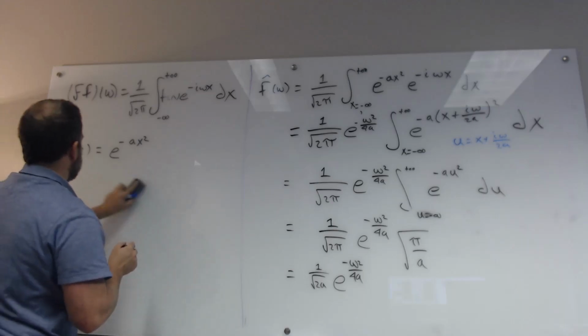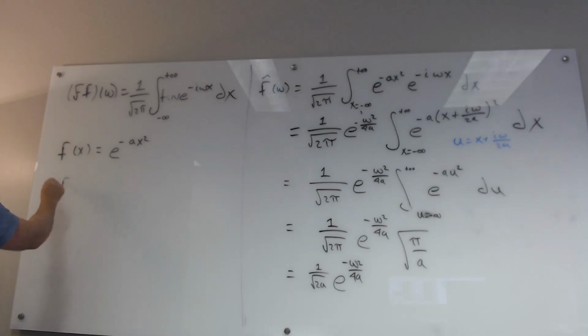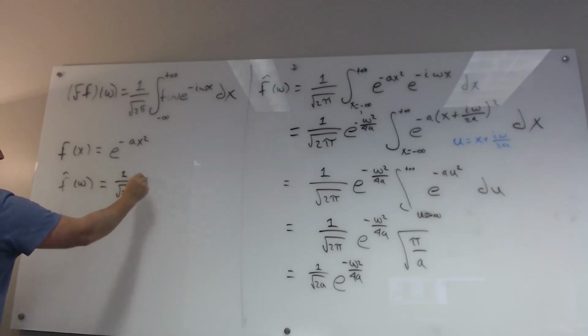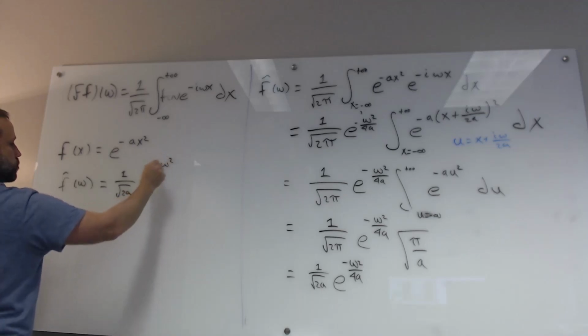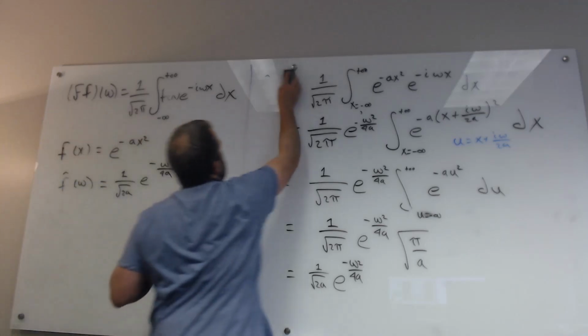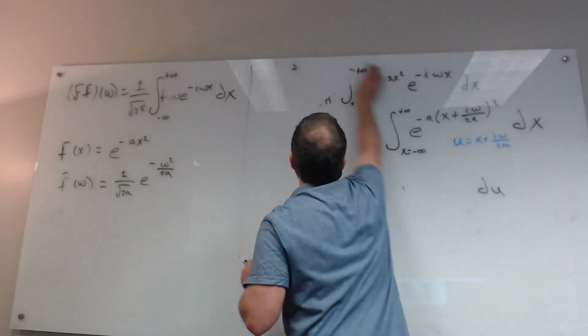Actually, hold on a second. Let me denote this a little bit better. f of x is equal to that. f hat of omega is equal to 1 over the square root of 2a times e to the minus omega squared over 4a. So let's keep that here, and let me do the other example on this side. I was using f, I guess I was overloading f.